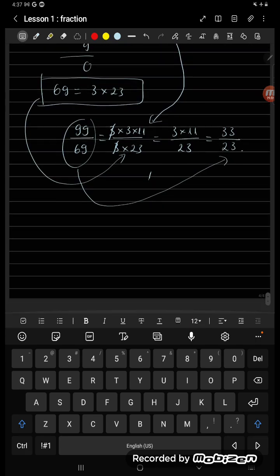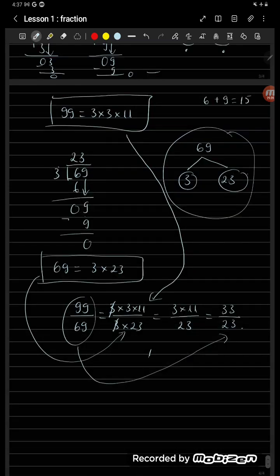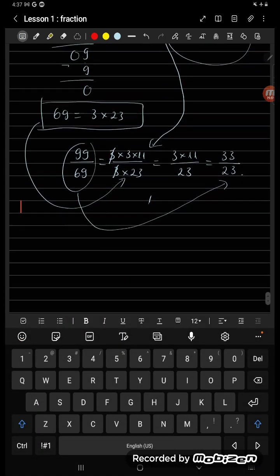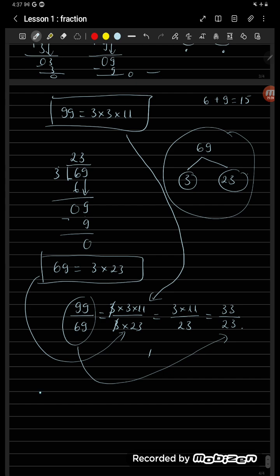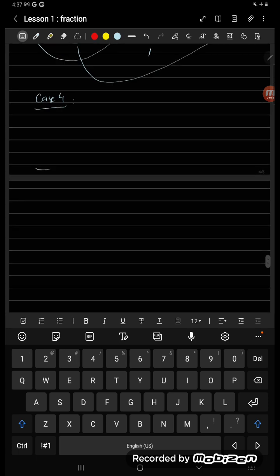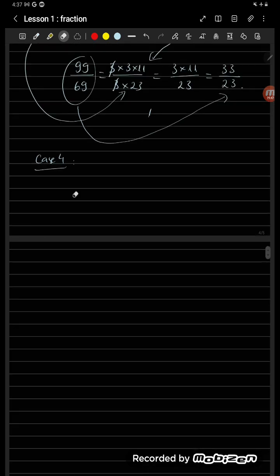Okay, and case 4, so case 4 is very simple. Actually, I should do it as case 3. Okay, so case 4, a and b are not case 1, 2, and 3. So what does it mean?